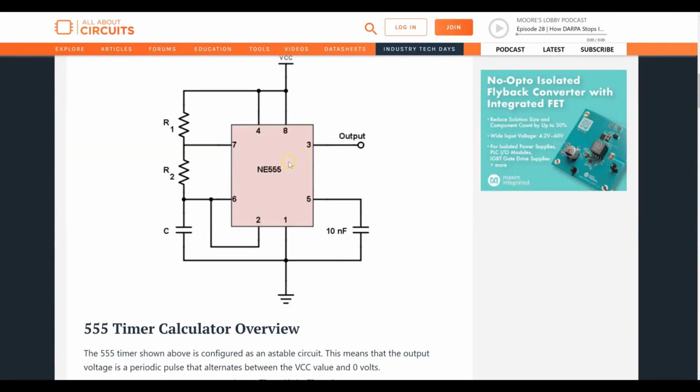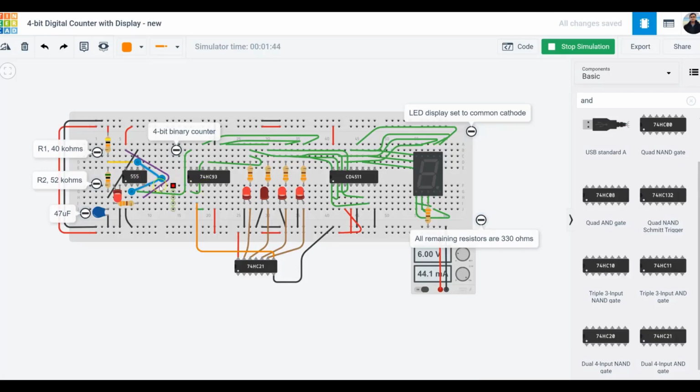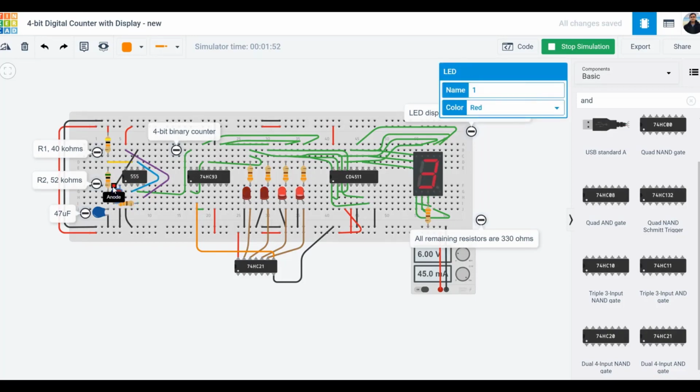Pin number 3 is the output. Pin number 3, if you look at it, is connected via this resistor to the positive terminal of the LED, and the negative terminal is connected to the ground, and hence you see this LED is basically blinking every 1 second. Okay, every 1 second it's blinking.